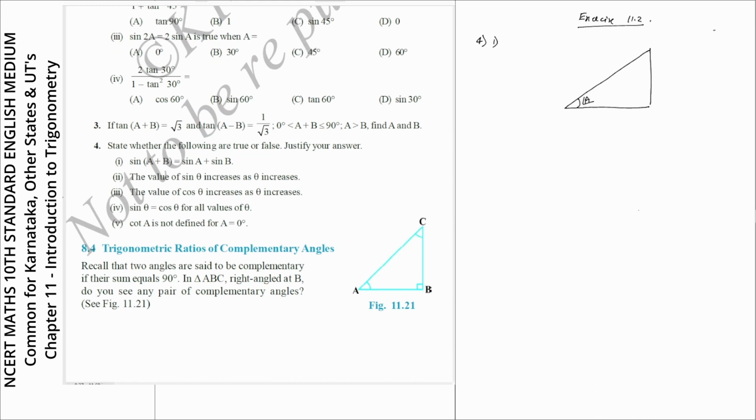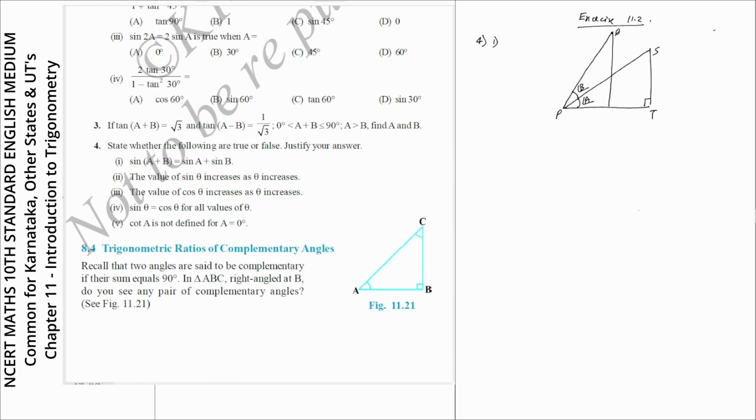Now I'll draw another angle B. From here to here it is angle B. Now I'll draw perpendiculars. Let these be P, T, S, and I'll draw one perpendicular from this point also.